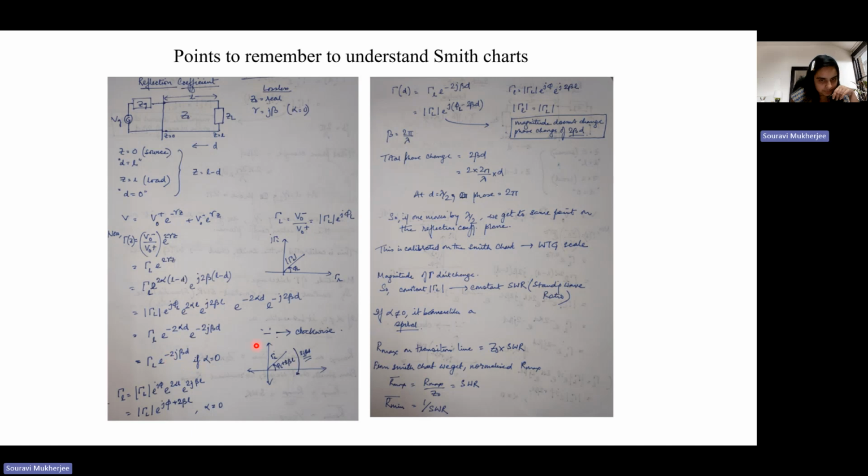That means your phase, if you want to plot it in the reflection coefficient plane, if the initial phase is phi L, what will happen? You will have a decrease in the phase by 2 beta d, right? So a decrease in phase means it's a clockwise motion on the chart, right?